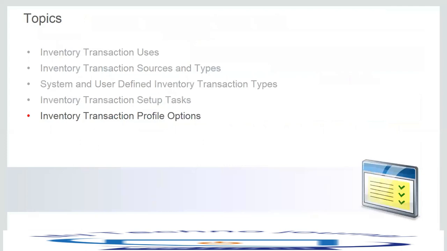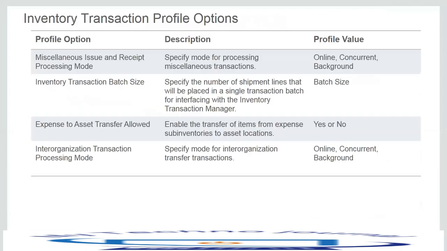Inventory transaction profile options. So there are a couple of profile options related to the inventory transactions. Please go through them. And just to highlight certain terminologies. Background processing: upon commit, the control returns immediately to you, allowing you to continue working.